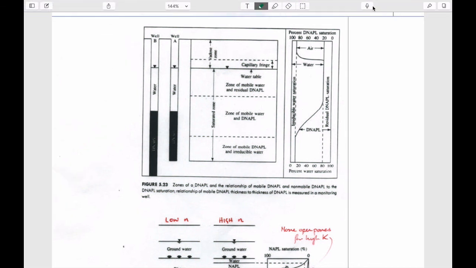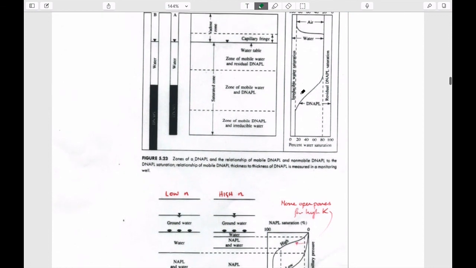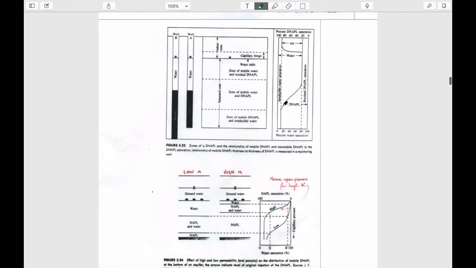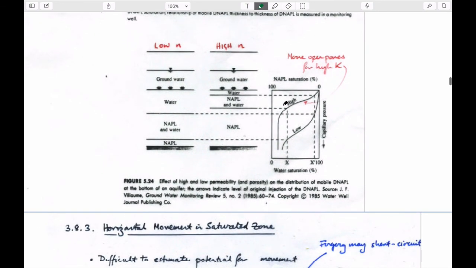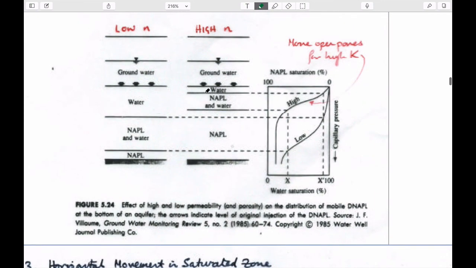So if you imagine the behavior that we've talked about for denser than water fluids, in the same way that we talked before, if it's able to get through the groundwater table, you can imagine that this capillary pressure versus saturation curve is now inverted from how we had it before.